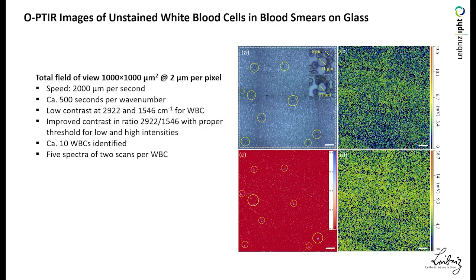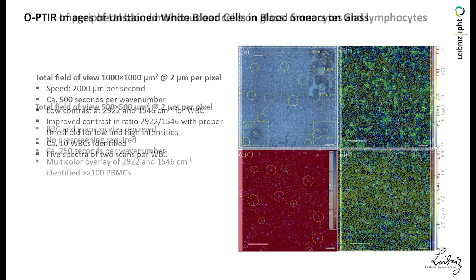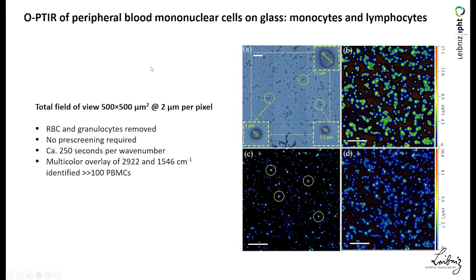One option to improve the speed and the throughput was to remove granulocytes and red blood cells by a biochemical protocol, and the remaining cells, the monocytes and the lymphocytes, were then smeared also on the glass slide.